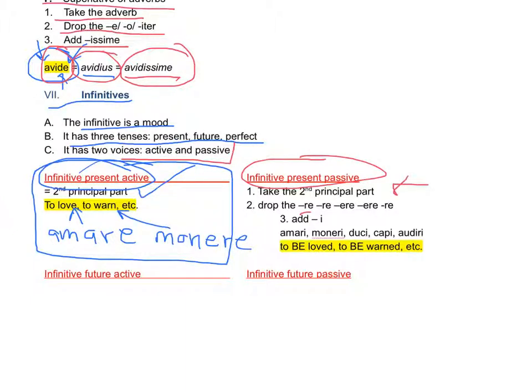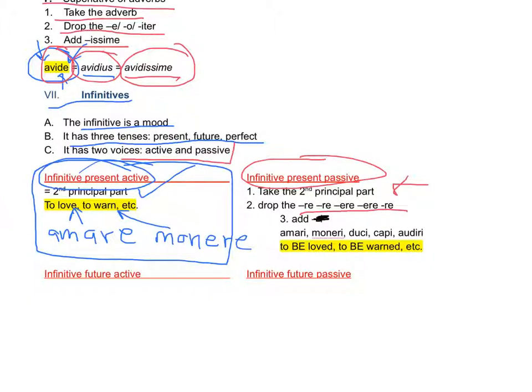As usual, you drop the -re, -are, -ere, -ere, -ire, and then you add, sorry, this is a typo, not simply -i in every case.